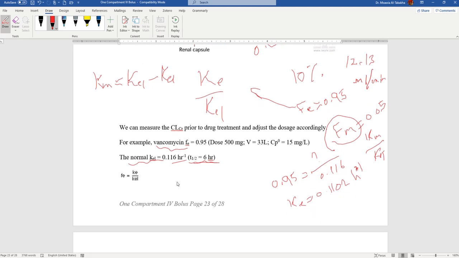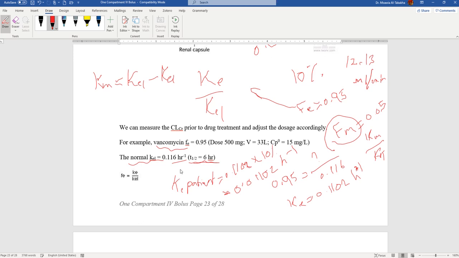So KE of the patient is equal to the normal 0.1102 multiplied by 10%. 10% means 10 over 100, or 0.1. So if you do this, you will get 0.01102 hour to the power of -1.